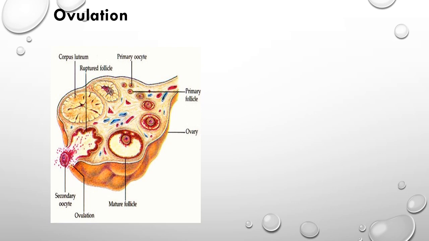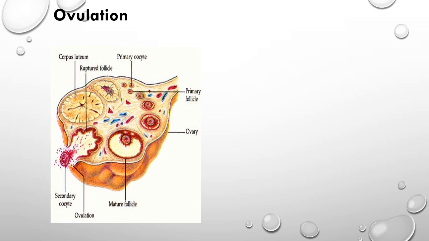Here the Graafian follicle at this stage undergoes rupturing. The Graafian follicle will rupture or break off. In the diagram you can see here the Graafian follicle has broken off, as a result of which the ovum or the secondary oocyte is released, or comes out of the Graafian follicle of the ovary.